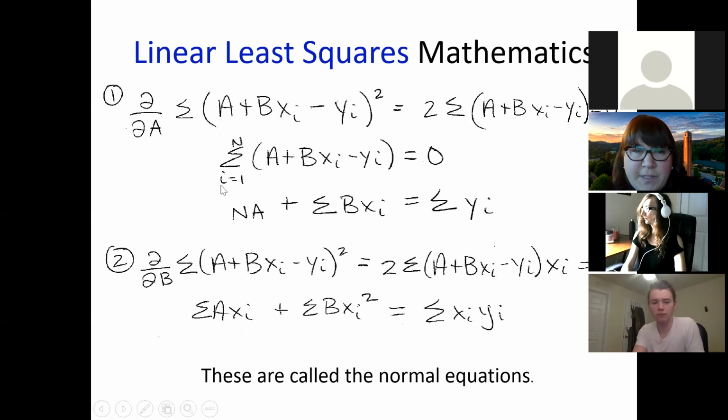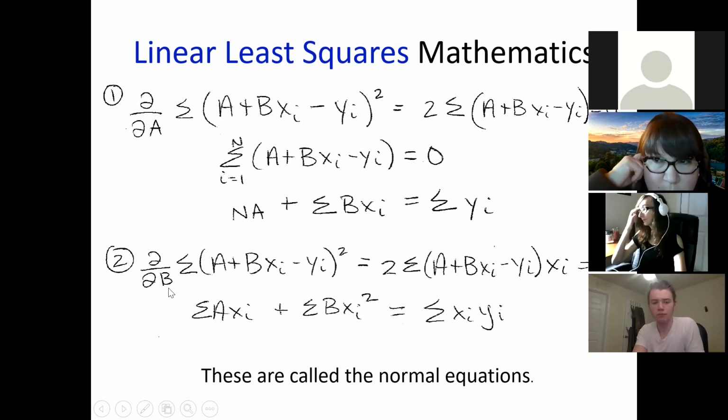And we can come up with this expression that describes the minimum of our function of a and b. And then we repeat the same thing, but we take the derivative with respect to b this time in step 2 down here.